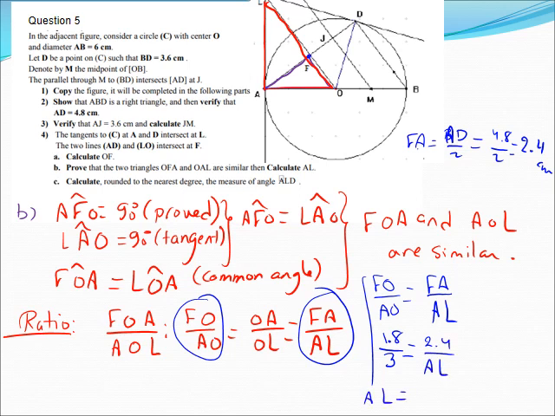AL equals 2.4 times 3 over 1.8 equals 4 centimeters.